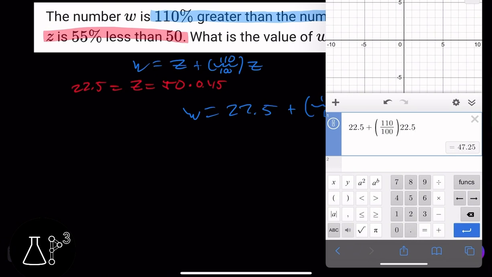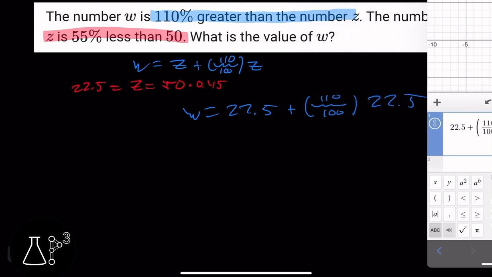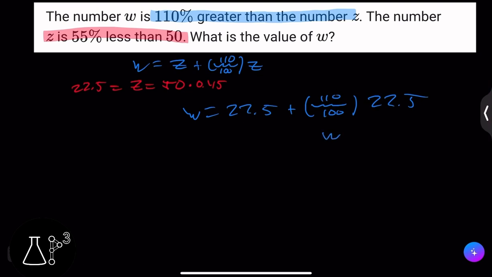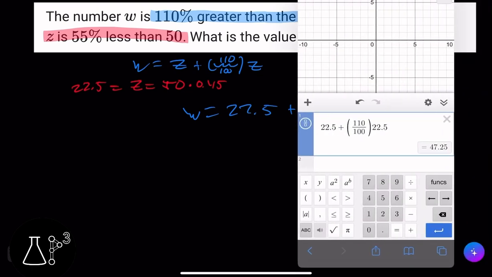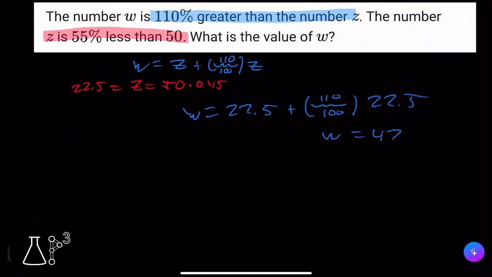I'm going to get 47.25. Therefore, W, which was what we're looking for, equals, let me look at it again to make sure, 47.25. That is our answer.